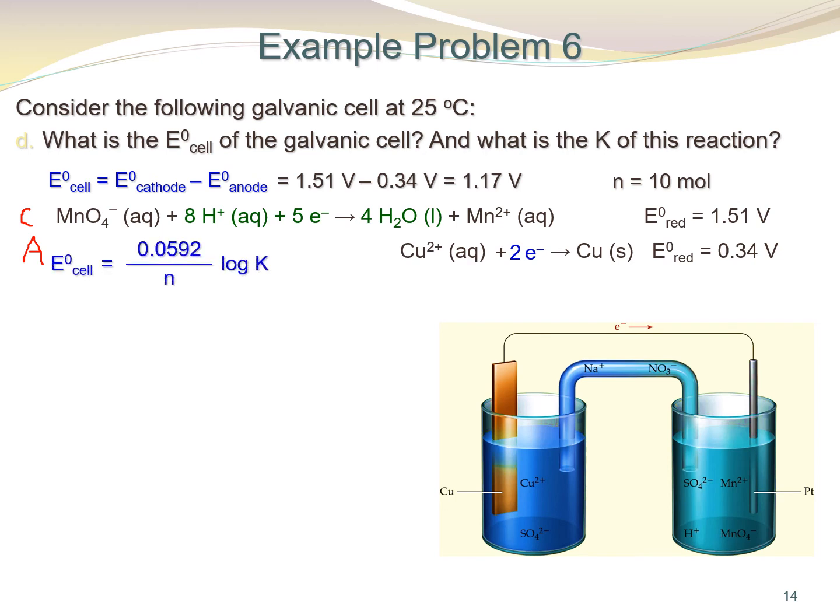And according to the equation between the E0 cell and the K, we plug numbers in. So log of K equals N times E0 cell divided by 0.0592. N equals 10, E0 cell equals 1.17, and we end up with 197.64.